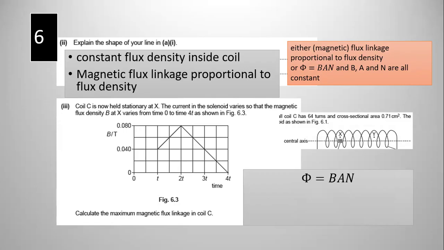Okay, 3.6 times 10 to the power negative 4. Just use your BAN. B is the largest value. A is the area of the small coil. Change it to meter squared. And then the number of turns, 64 turns. Now you get your answer.